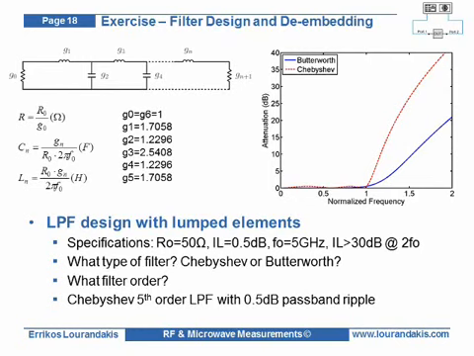Our target is to design and characterize a low-pass filter prototype on a PCB. The design specifications for the low-pass filter are summarized here. Corner frequency 5 GHz, passband insertion loss 0.5 dB, and attenuation at the first harmonic greater than 30 dB.